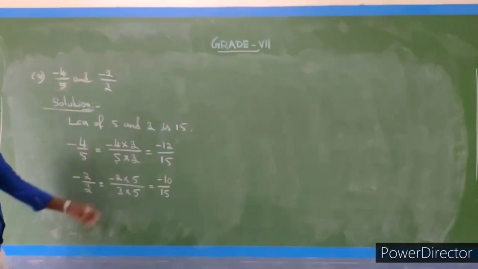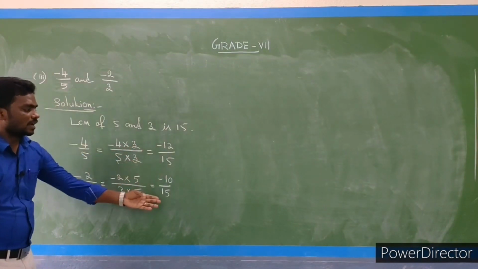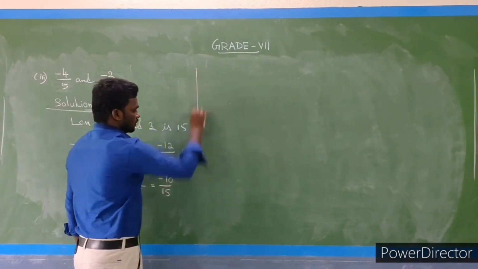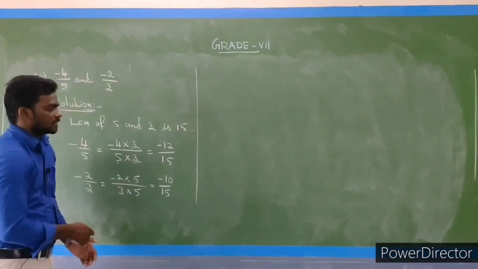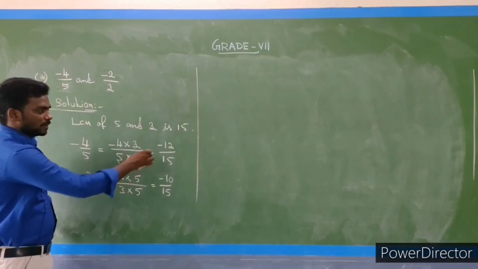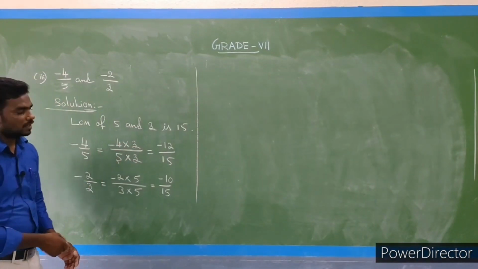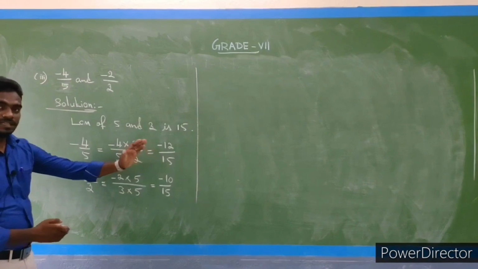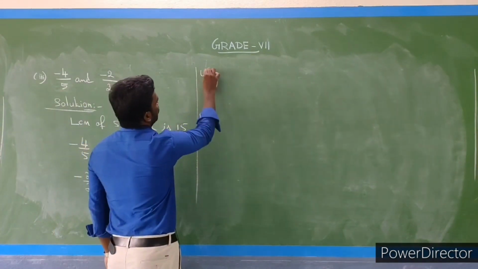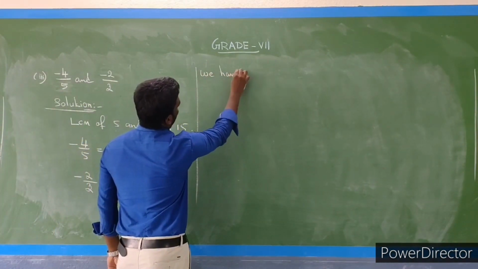So we have minus 12 by 15 and minus 10 by 15. So there are not 5 rational numbers between minus 12 and minus 10. Between minus 12 and minus 10 we have only one number, minus 11 only. So we can multiply the numbers by 10.